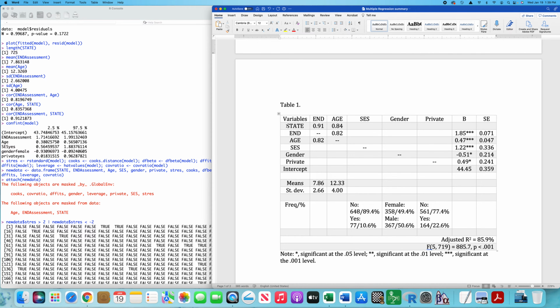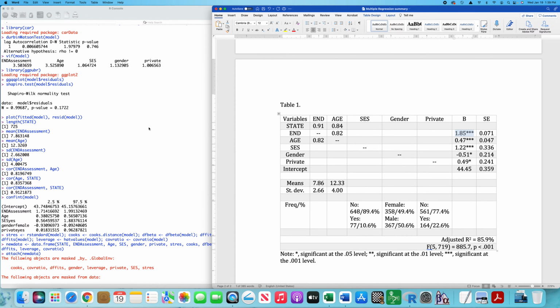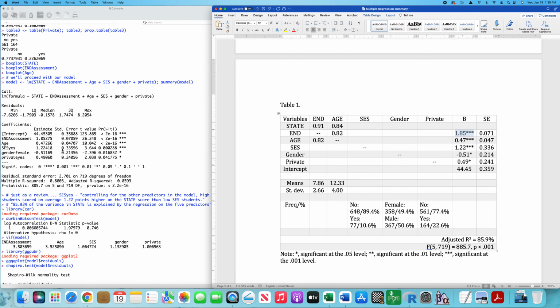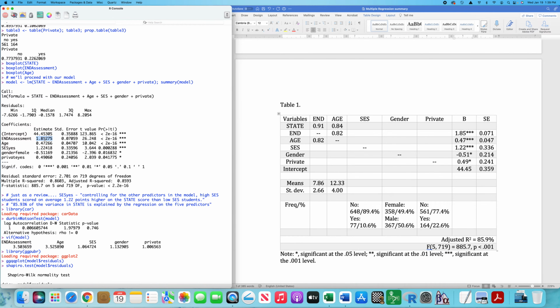So what I've done is I've given the correlations for the quantitative predictors, and of course correlations for my categorical predictors do not apply. I gave the beta value, so that's the coefficient, the estimate. So 1.86 for end assessment, 0.47 for age, and so on and so forth.